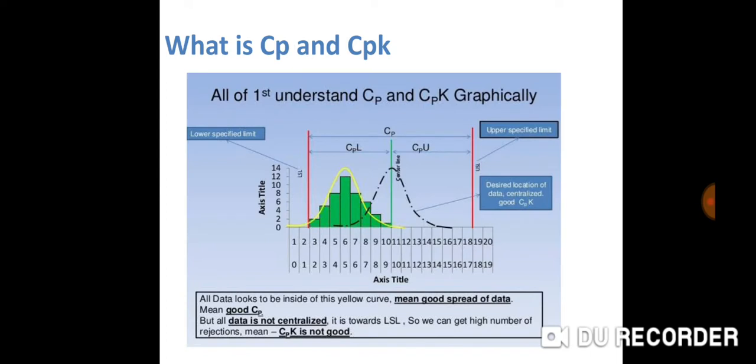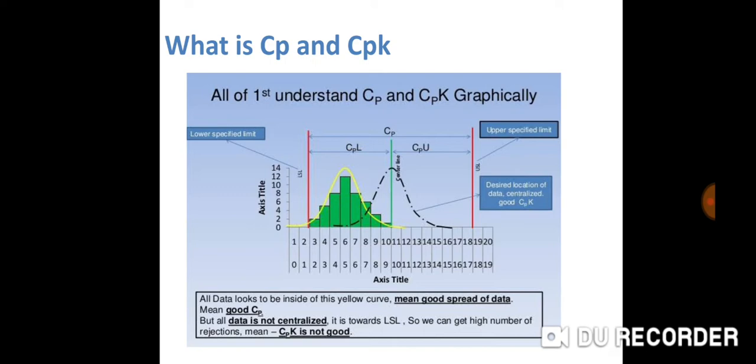So we saw why we need Cpk. What is the necessity of Cpk? In this example, Cp is the customer specification, where all the values you can see are falling in the lower range, the lower specification.